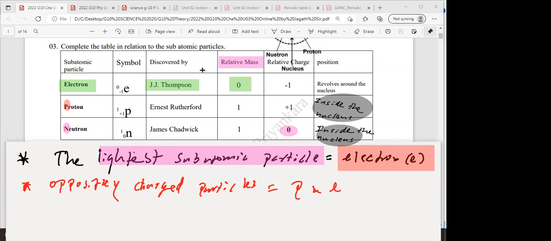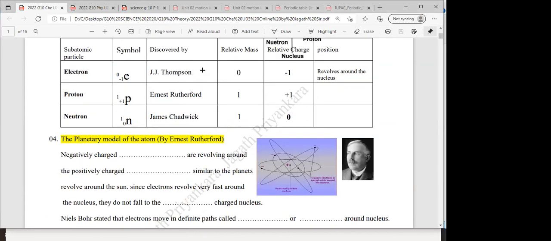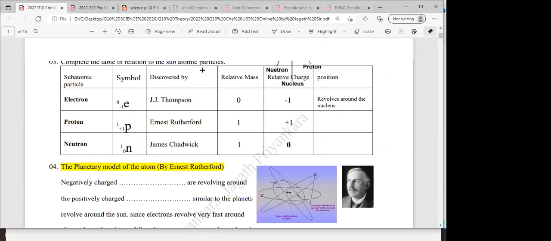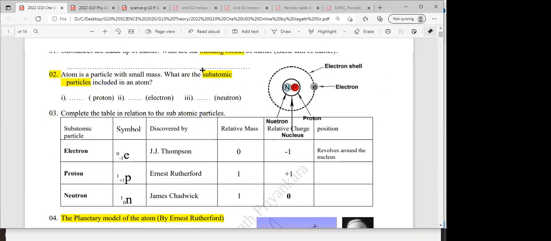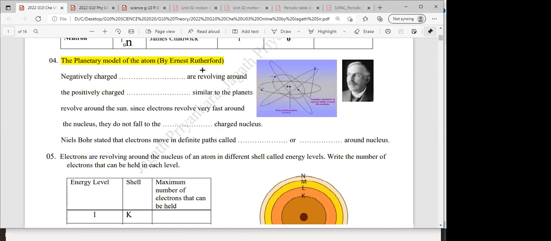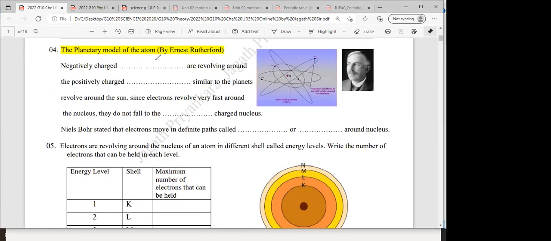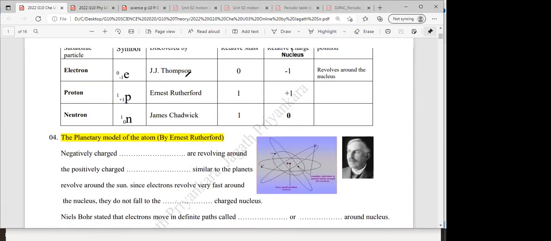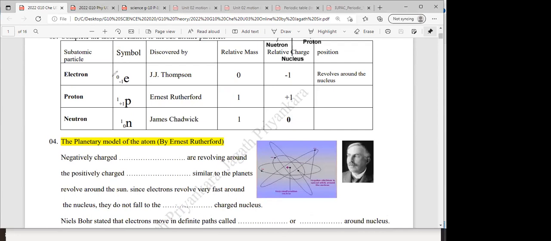Then next one. After the discovery of these subatomic particles, scientists created various models of the atom. One of the most accepted models, like there were many models, but most of them were rejected. Some people created a model after the discovery of the electron, thinking the atom is made of only electrons.